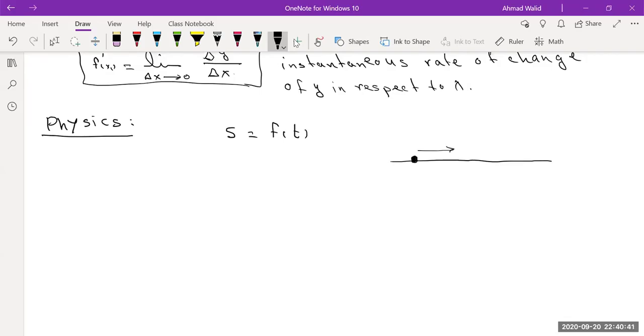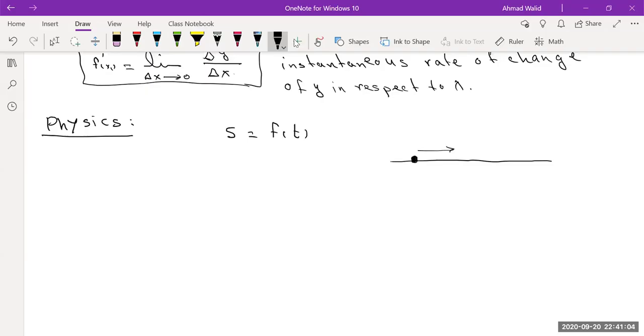Correct? In simple physics, maybe in school, some professors name the distance d, some professors name the distance s. Here in calculus, we name the position function s. S is f of t, a function of time.